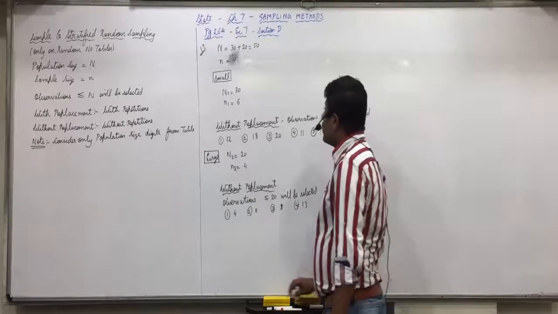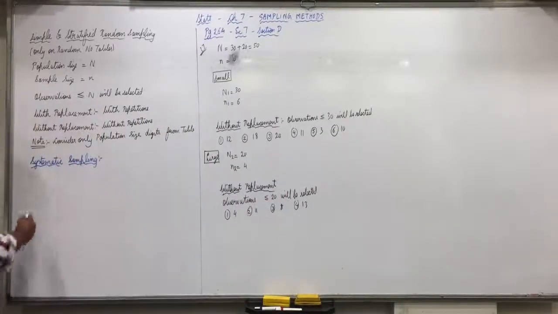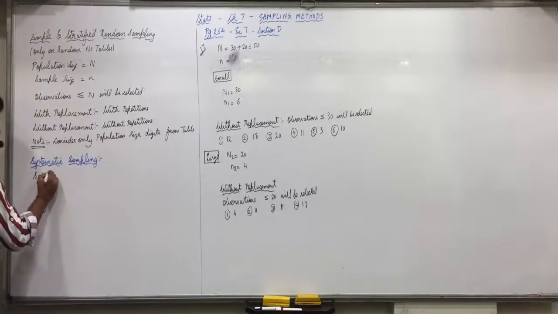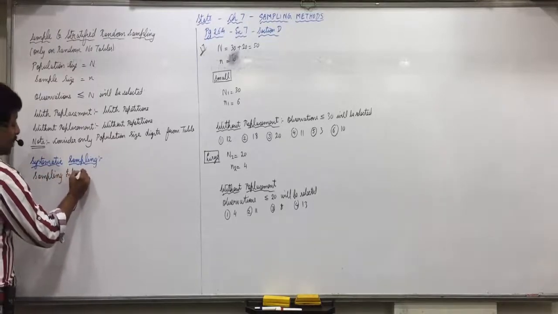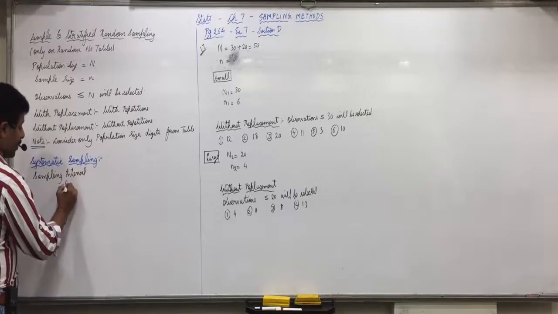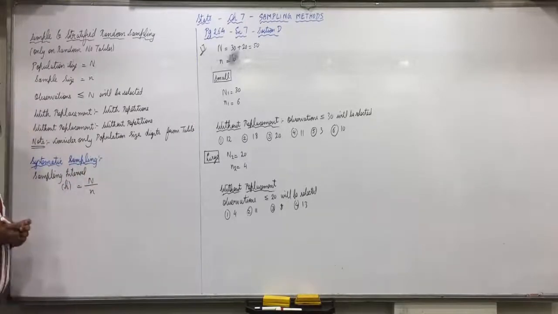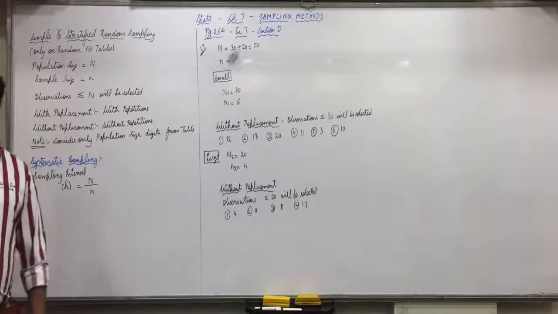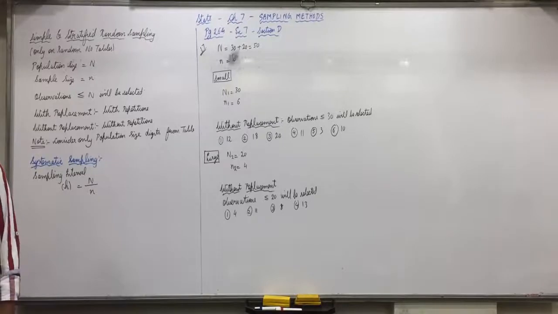Now, systematic sampling. We discussed yesterday that first we find the sampling interval, which is denoted as K, and will be equal to capital N upon small n. I give the example: suppose from 70 I have to select 10 samples. Then first of all 70 divided by 10 is 7.